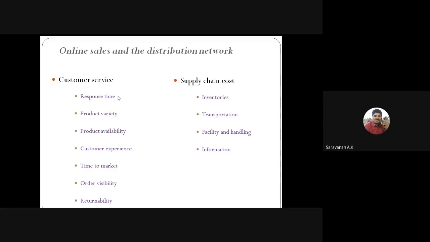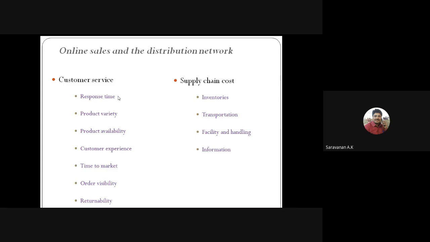Then the variety of the product. If the company is selling online, it is easier to offer a large selection of products compared to retail stores. In online, plenty of variety of products will be available.